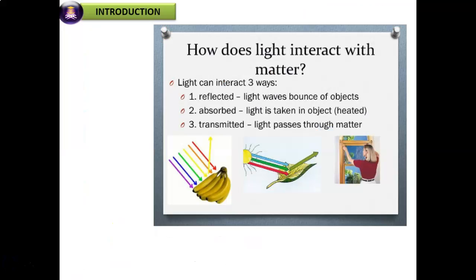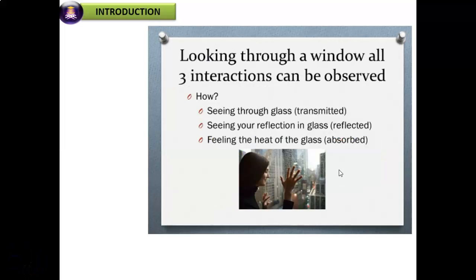Right, now we look at how light interacts with matter. Light can interact in 3 ways. First one is reflected, which is light waves bouncing off objects. The second one, light is absorbed, which is light taken in by the object. And the third one is transmitted, which is light passing through matter. For example, light is absorbed.